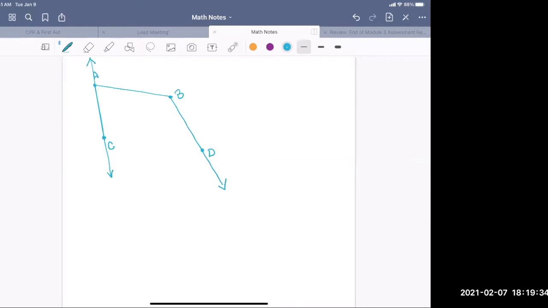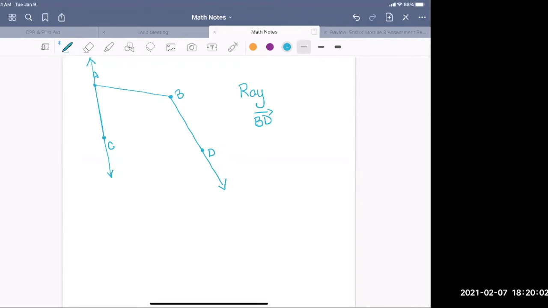That is called a ray. A ray extends from one point through another point forever in one direction. So we would label this as ray BD, and we would draw it with just one arrow on the end.